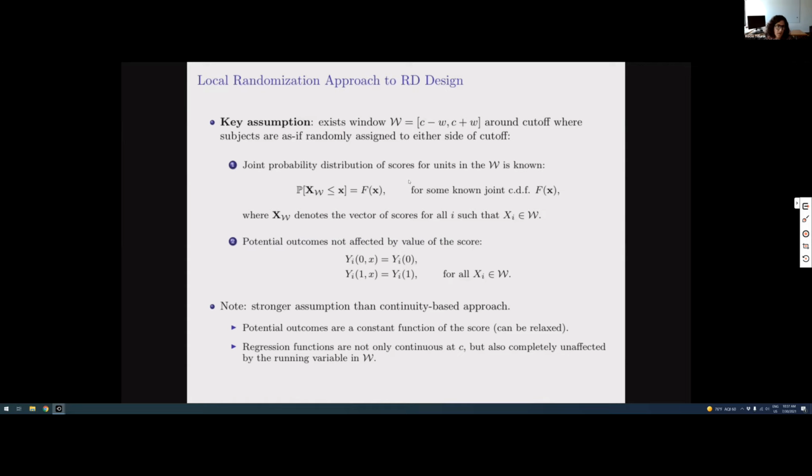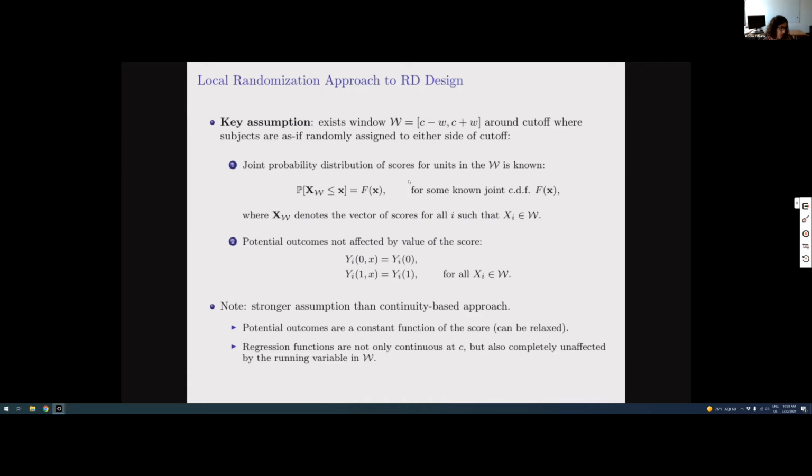I need something more. So in the local randomization approach, we impose an additional assumption. Informally, it's really the original assumption that was the intuition behind the first RD paper in 1965.